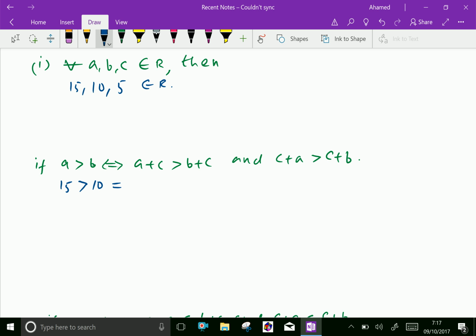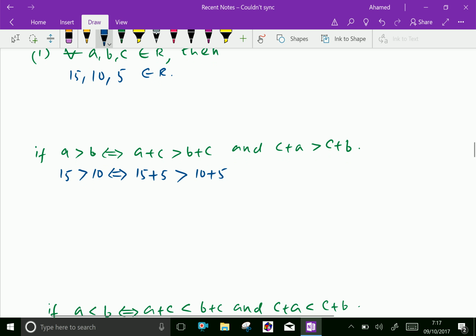Now we can say A plus C, 15 plus 5, is greater than B plus C, 10 plus 5. Here 15 plus 5 is 20, of course greater than 10 plus 5 which is 15.